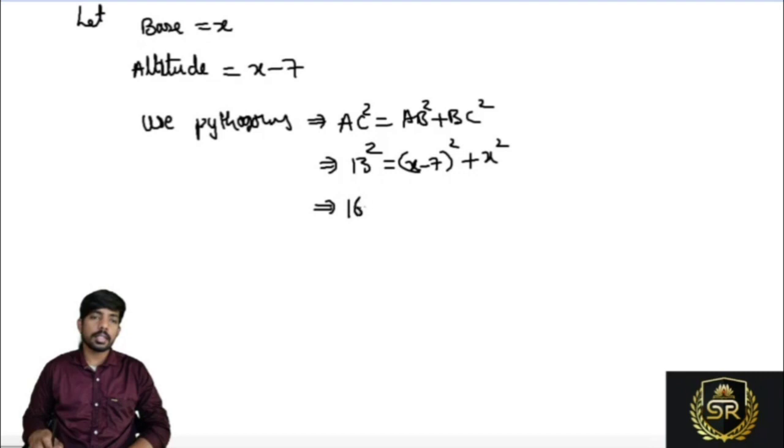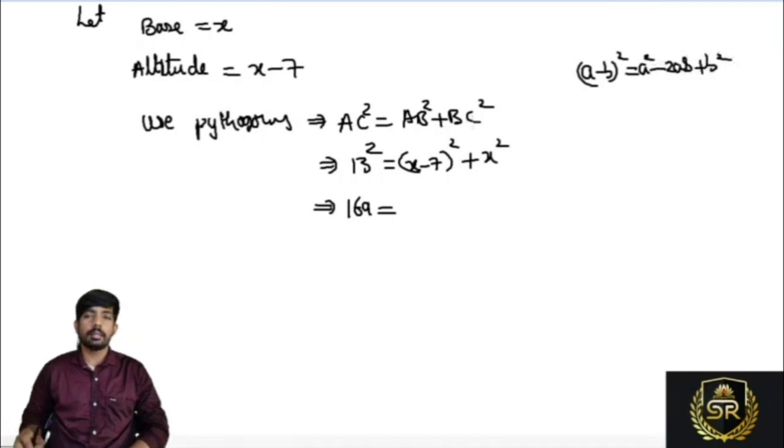13 square is 169, equal to... the (A minus B) whole square formula is A square minus 2AB plus B square, right? So from here we write x square minus 2AB plus B square, plus x square. Here A is x and B is 7.